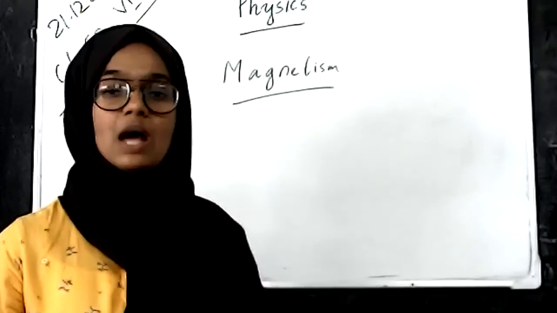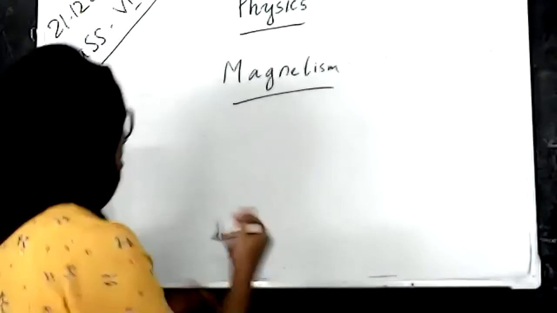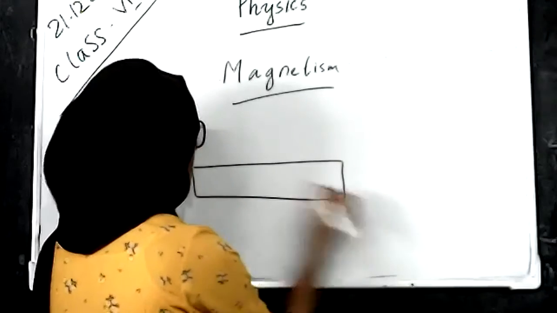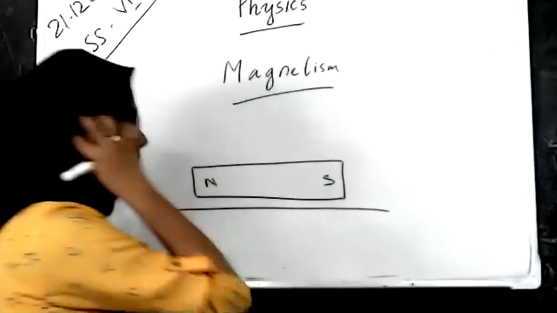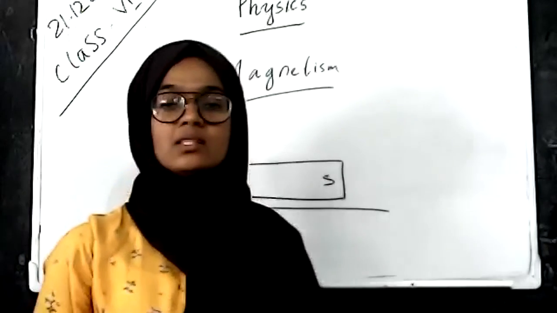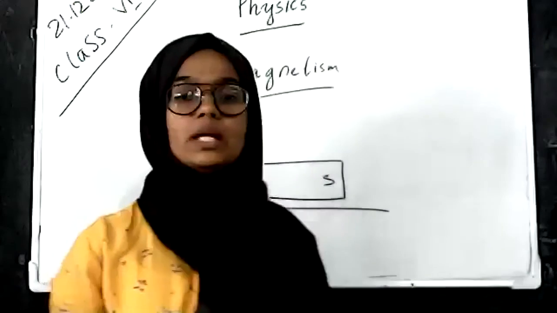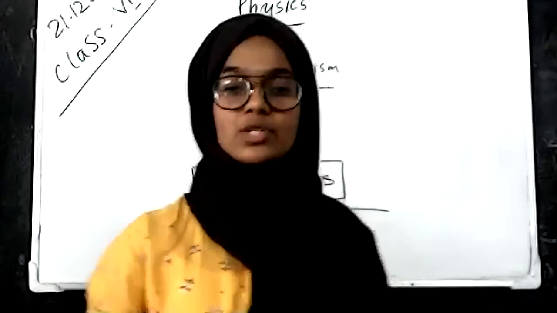And if we have a hacksaw blade and a magnet, there is a small experiment using the hacksaw blade and a magnet. This magnet is rubbed on the hacksaw blade many times, in the north pole to south pole direction.